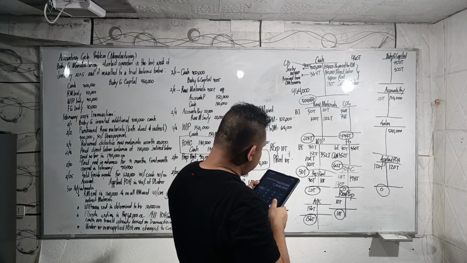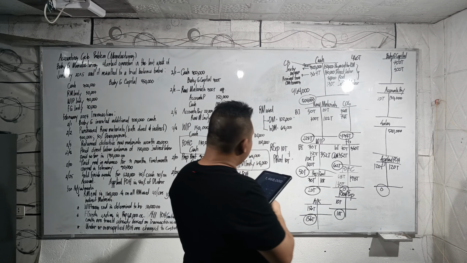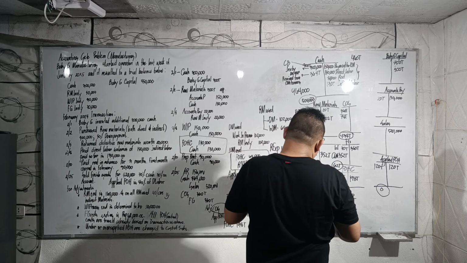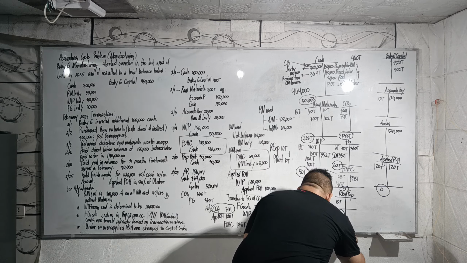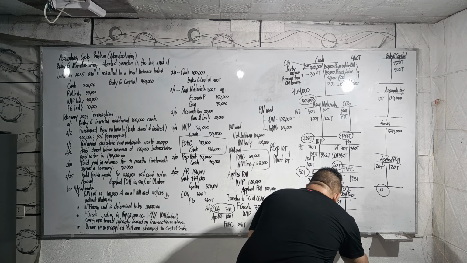That's the cost of sales. So we have all the debits at 1,468,000.